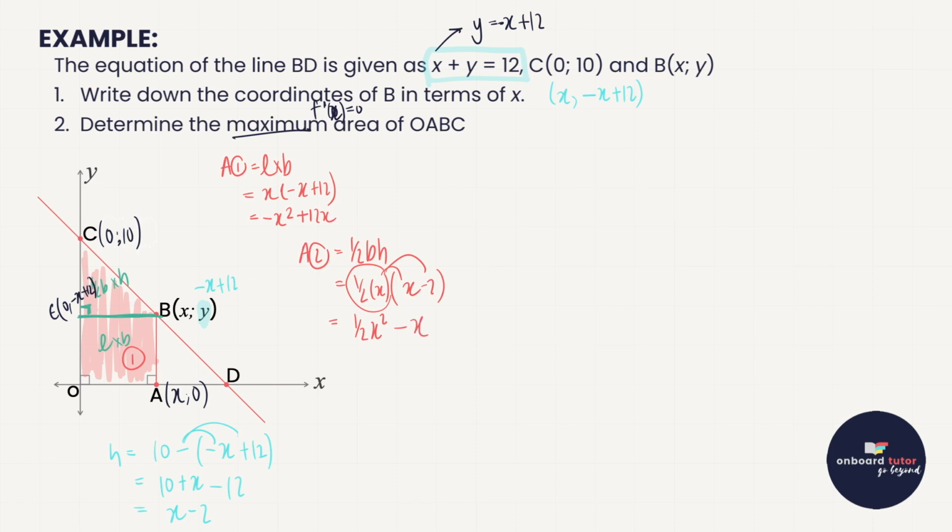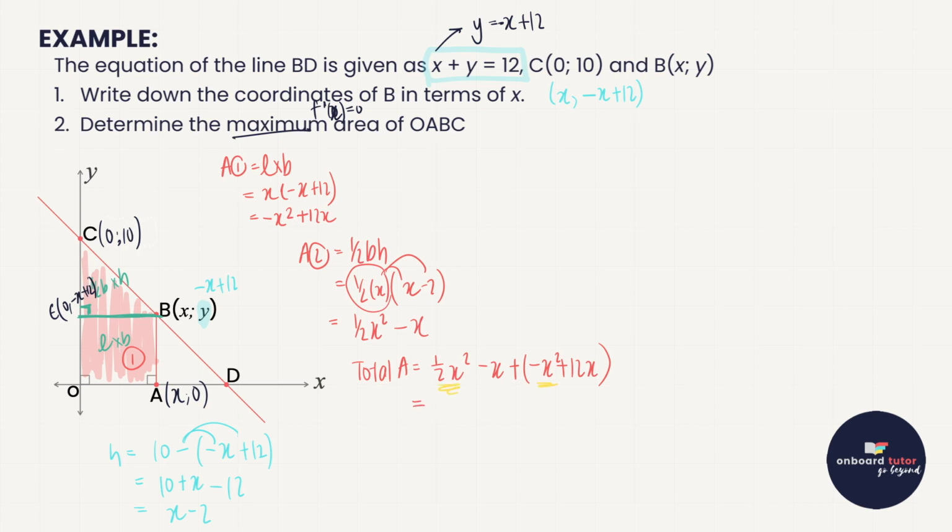So now I can actually answer them, and I can say the total area is going to be a half x squared minus x plus minus x squared plus 12x. I've just added the area of 1 and 2. Now let's get our like terms together.